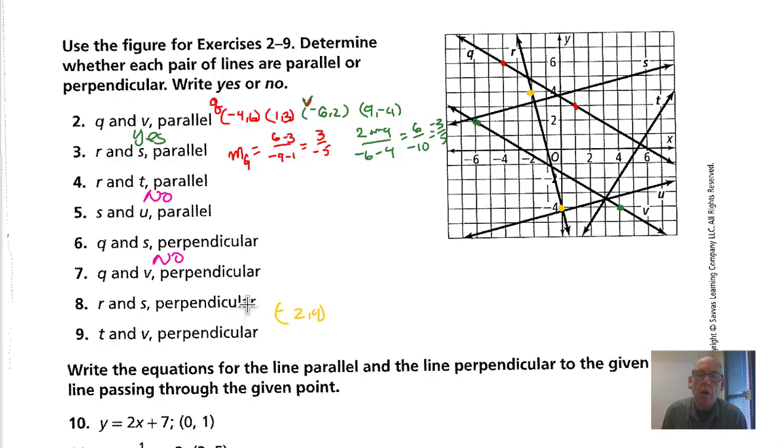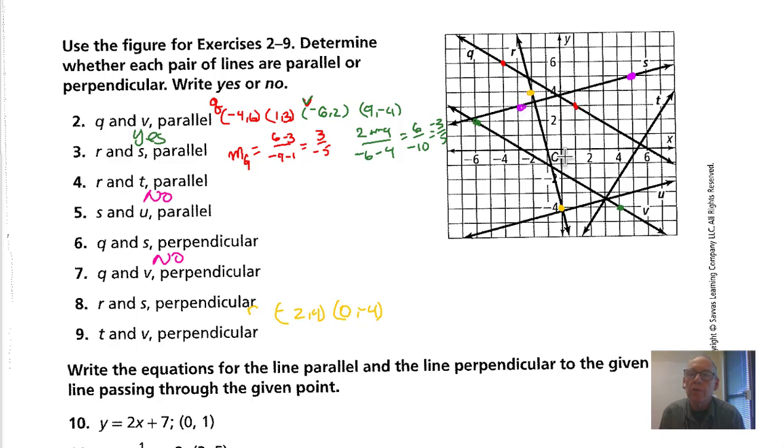We're talking about R now, right? R. And another point was (0, -4): 0, negative 1, 2, 3, 4, 0, negative 4. Now I also need to pick 2 points on S. So here's S. There's a point on S I can read.